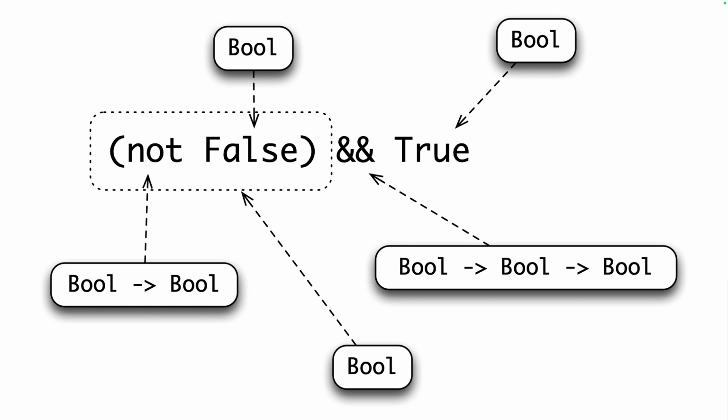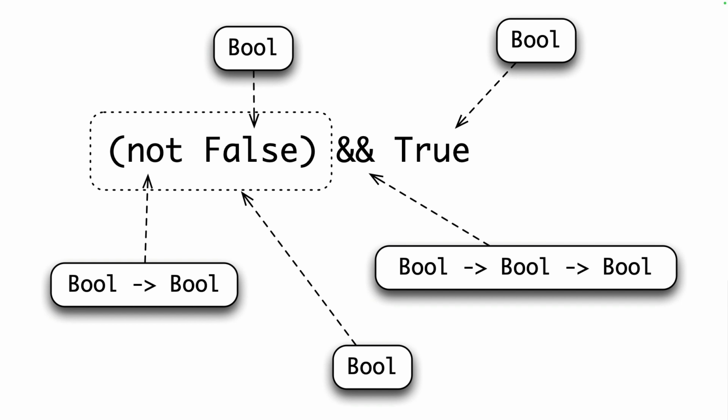So if we look, for example, at this expression, not False and True, what do we know here? Well, working from the left, we know that not is a function that goes from booleans to booleans, and False is a boolean, so not False will be a boolean. It will be fine. The function is applied to something of the right type.